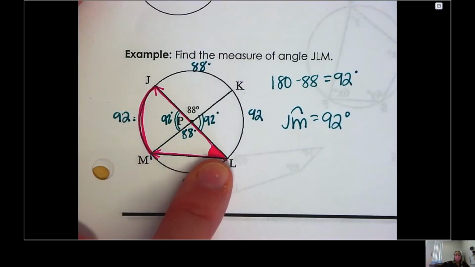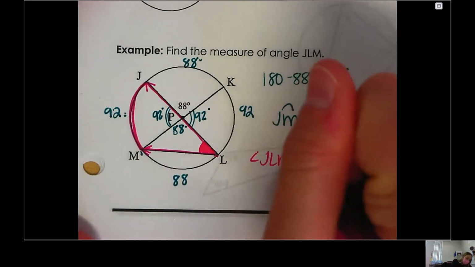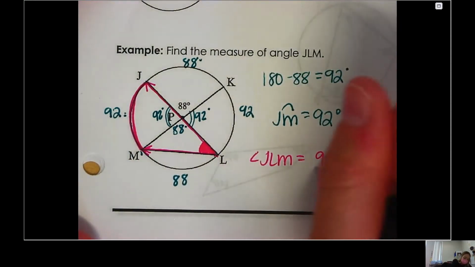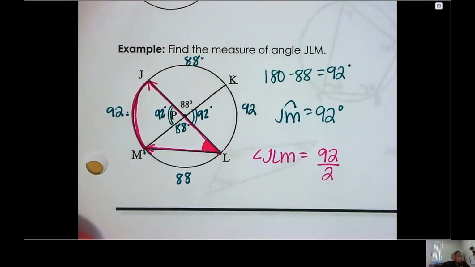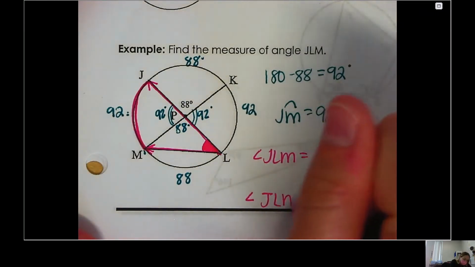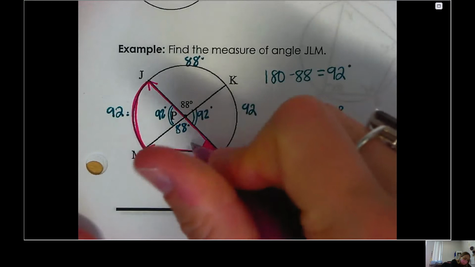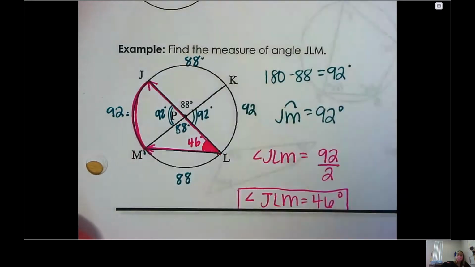I'm going to divide it by 2 to get my angle L. So if I divide 92 by 2, I get 46 degrees. So this small angle here is 46 degrees.